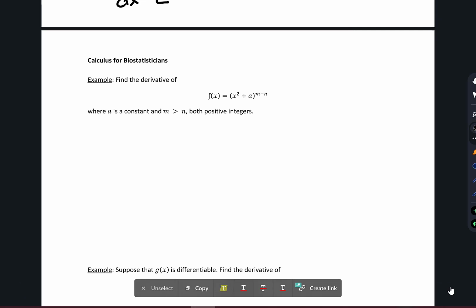So here we have f of x is equal to x squared plus a to the m minus n power, where a is a constant, m and n are both positive integers. So again, we can use the generalized power rule.